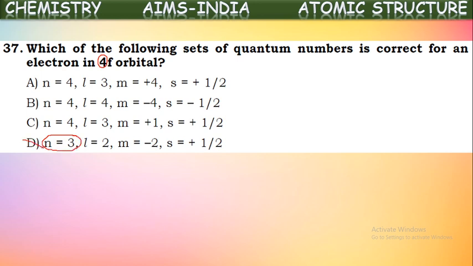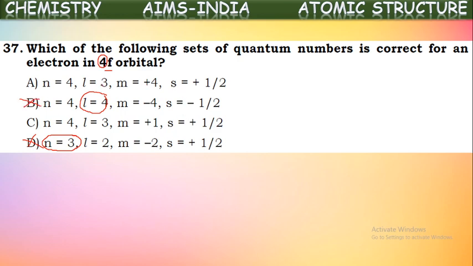So we can eliminate this option. It won't come under. And L value is given based upon the subshell f. If the subshell is f, then what will be L value? L value will be 3 for f subshell. So L value should be 3. We can eliminate this also here because they have shown here 4. Now out of these two we have to check.